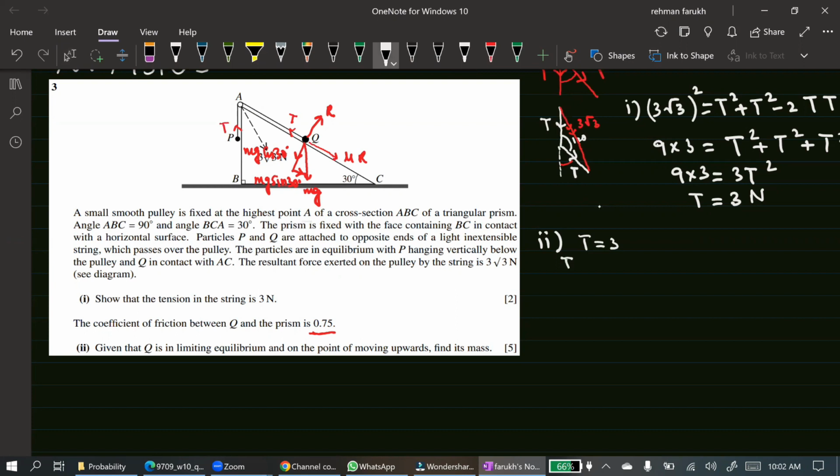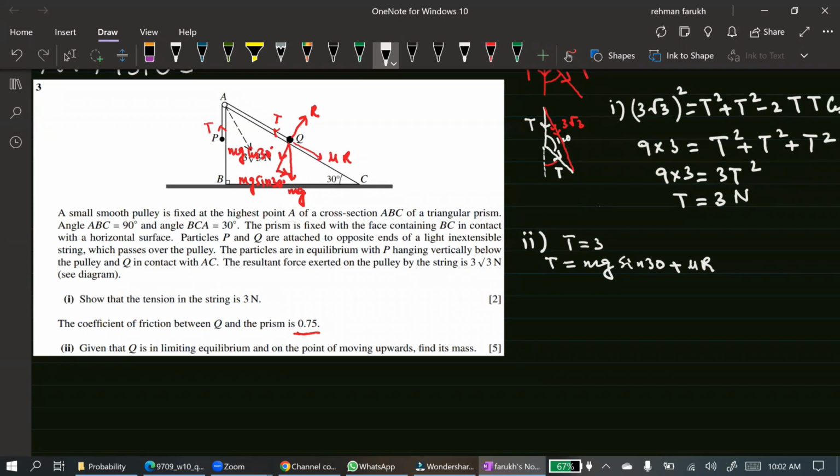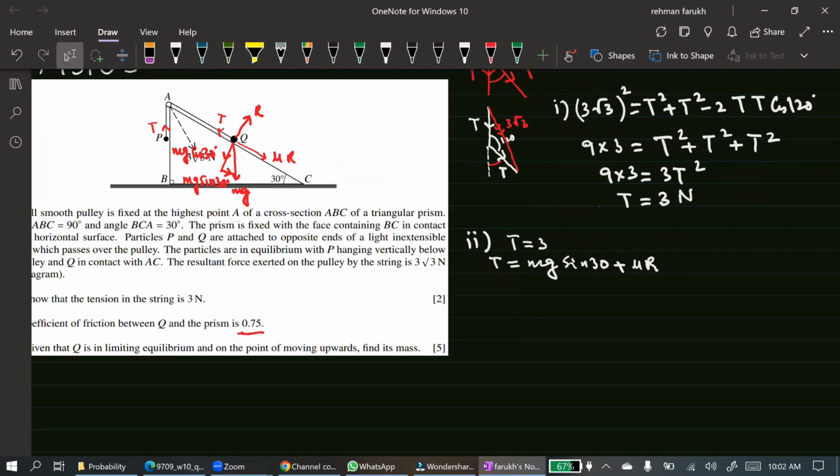T is equal to mg sine 30 plus mu R. And now we will equate the forces perpendicular to the plane. R is equal to mg cos 30.